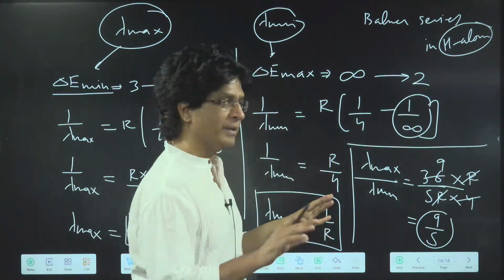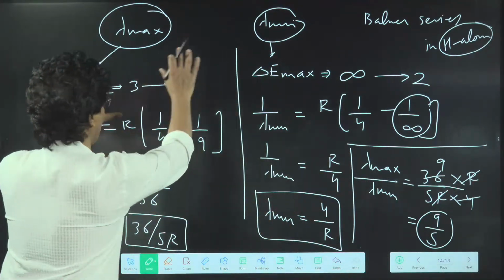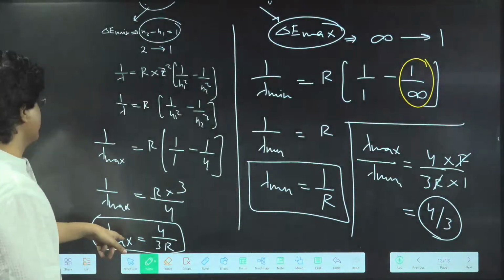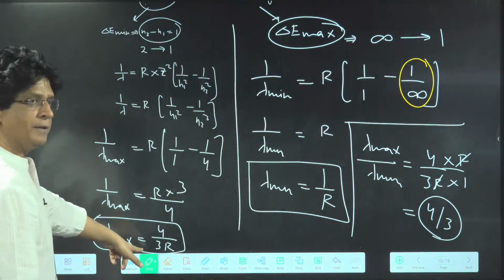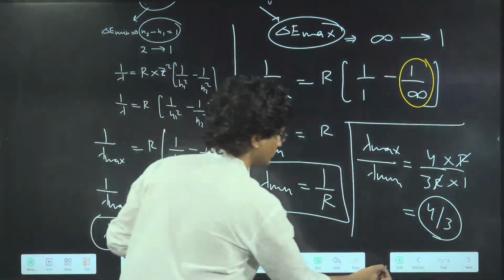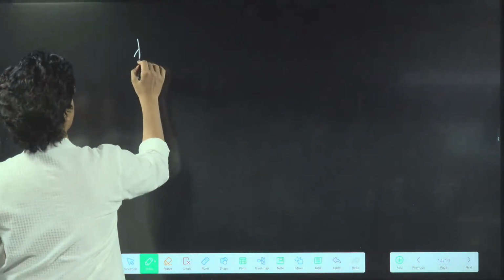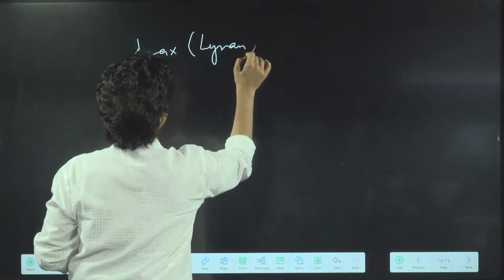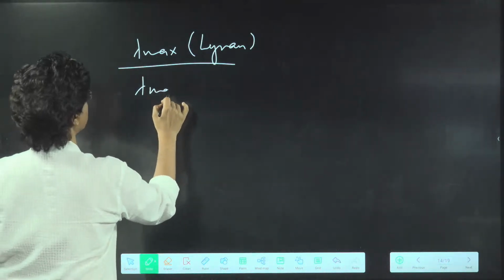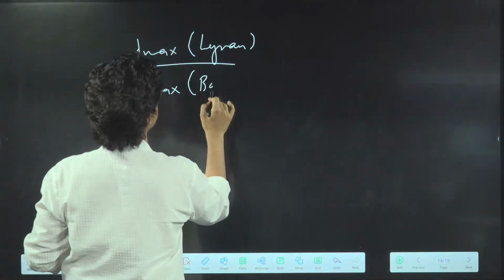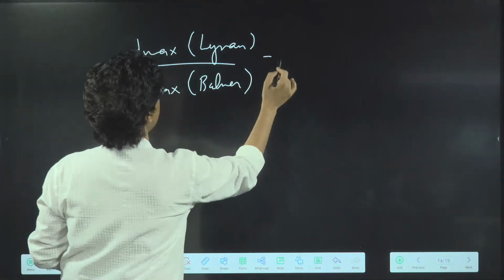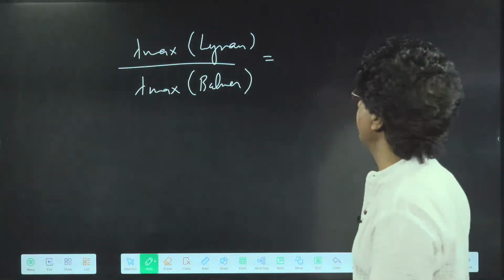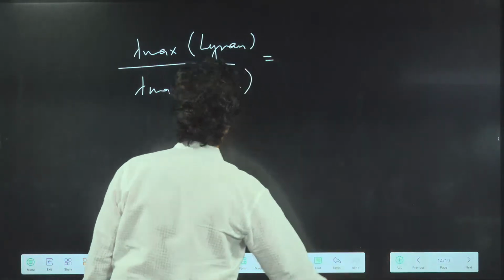Now, since you have done lambda max and lambda min for Balmer series and Lyman series also, I'm asking you right now: find lambda max of Lyman series upon lambda max of Balmer series. Come on, will be equal to how much? You have done it already.